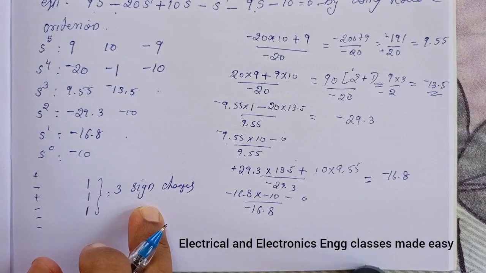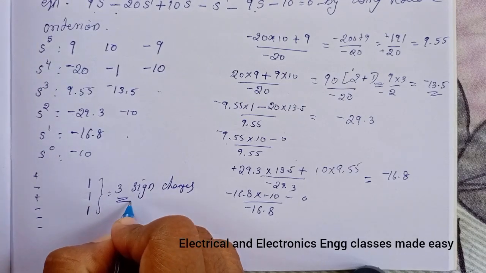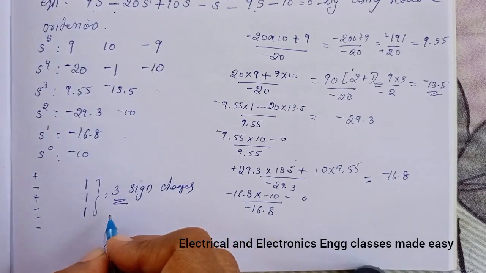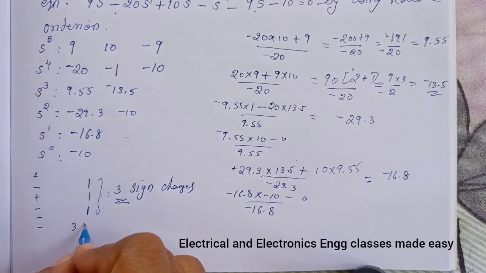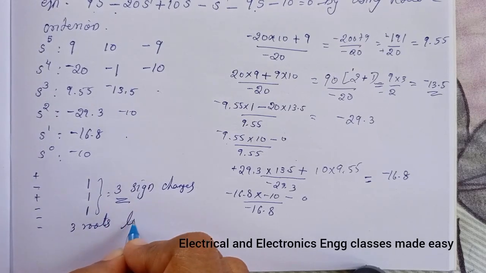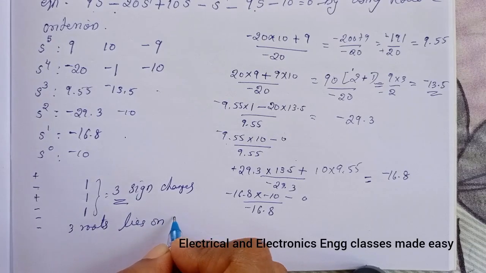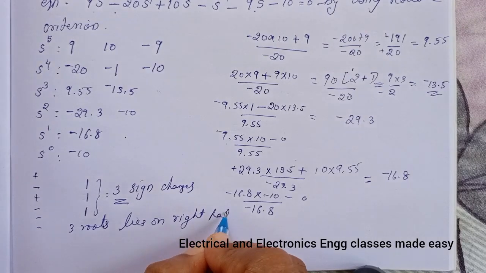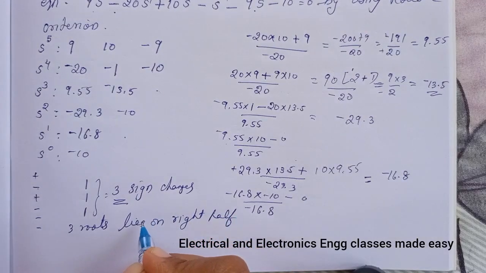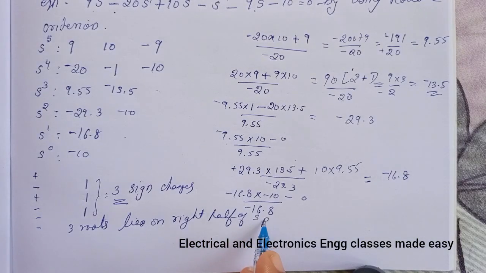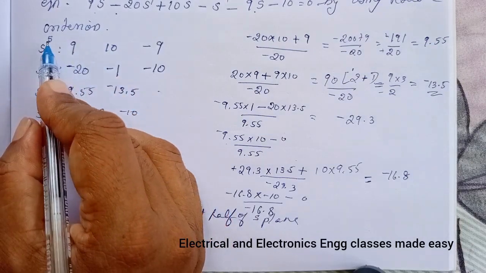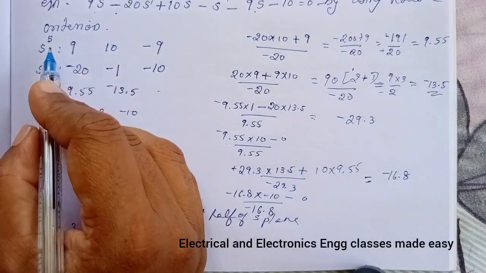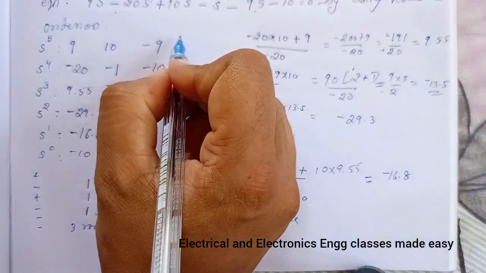So these three roots lie on the right half of S plane. The total number of roots is decided by the highest power of S, which is 5, so there will be 5 roots.